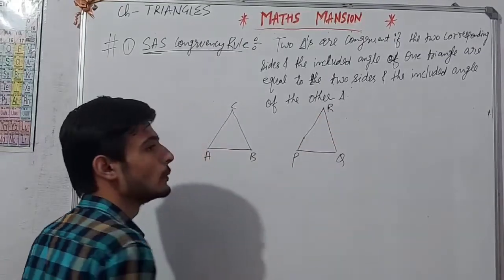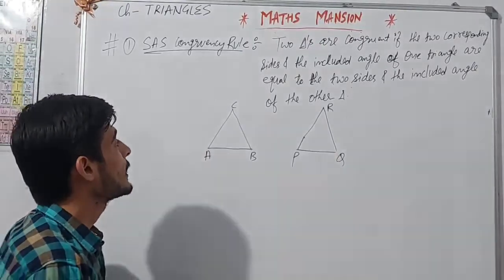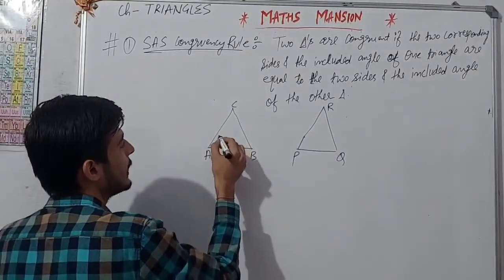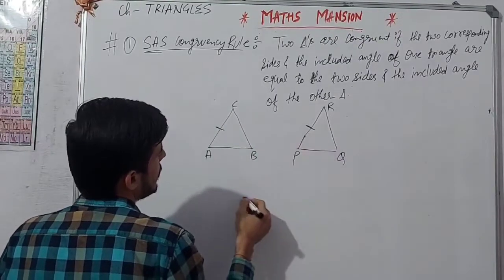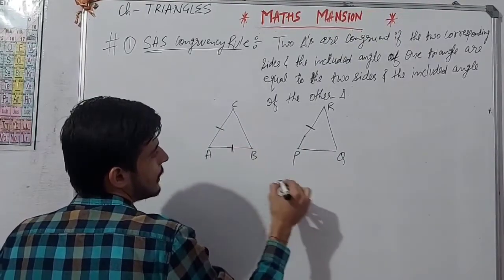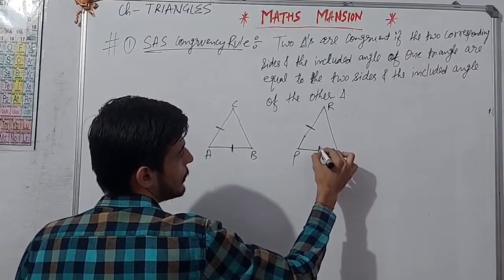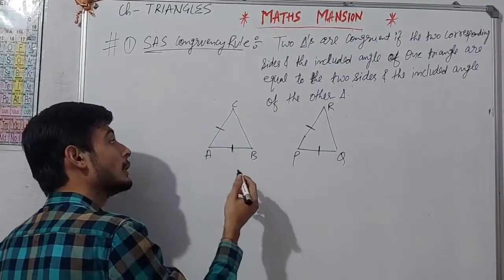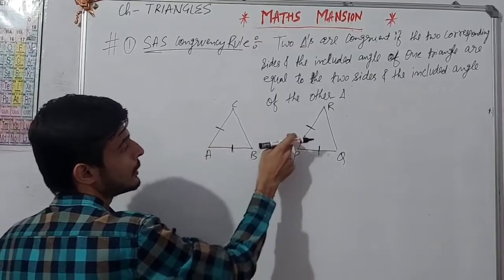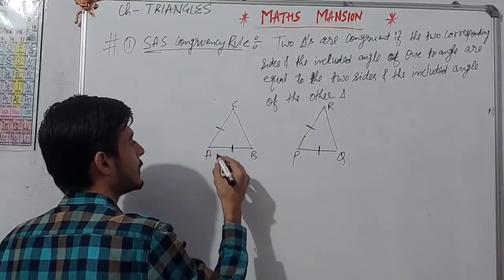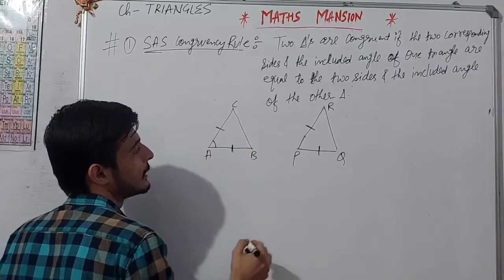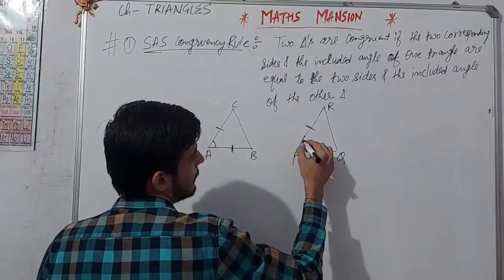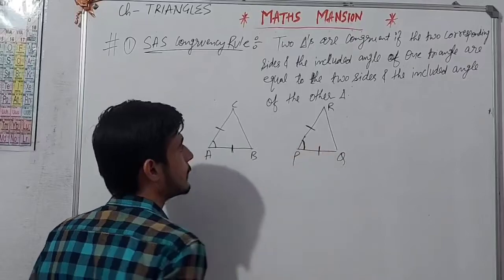By SAS rule, these two triangles will be congruent if the side AC is equal to side PR, and if the side BC is equal to side PQ, and the included angle between these two equal sides are equal, which means that angle A and angle P are also equal.